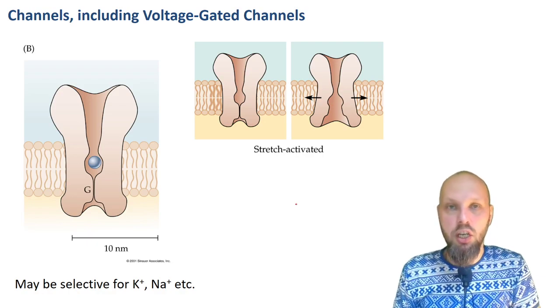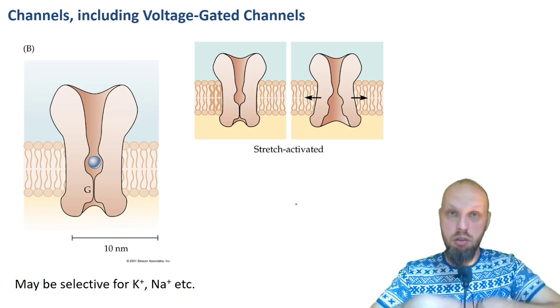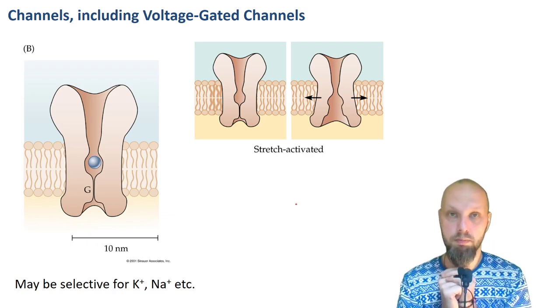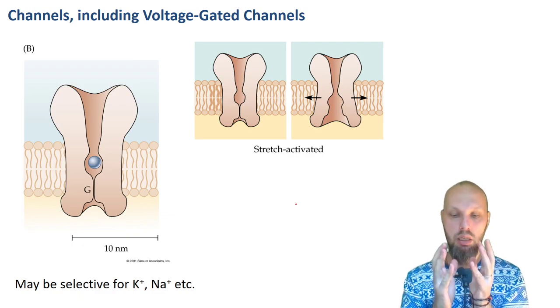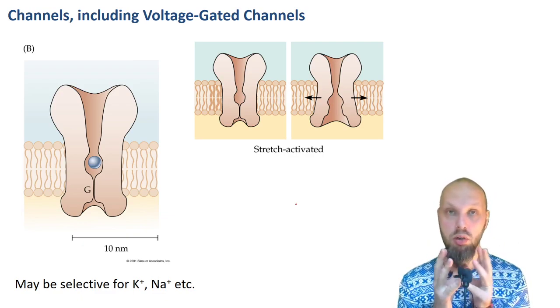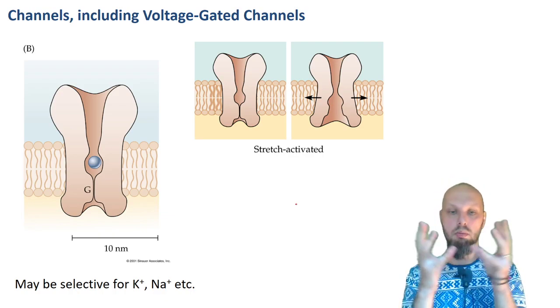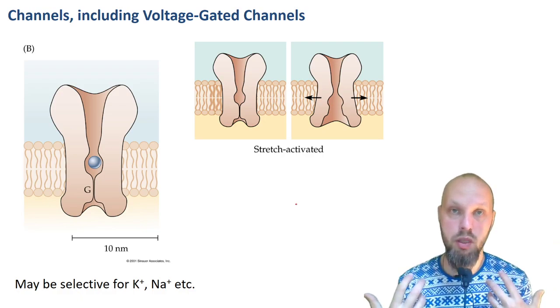And with stretch activated channels, it's typically closed, but if the membrane is bent or stretched, then the channel opens. Because the parts of the channel don't hold to each other that strongly that it always stays closed, but they can move a little bit further apart and open the channel.